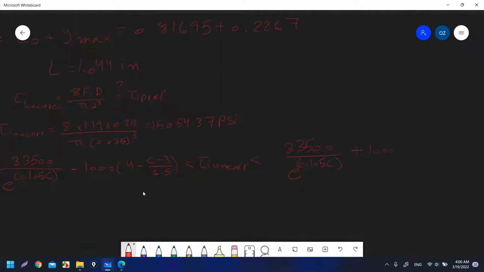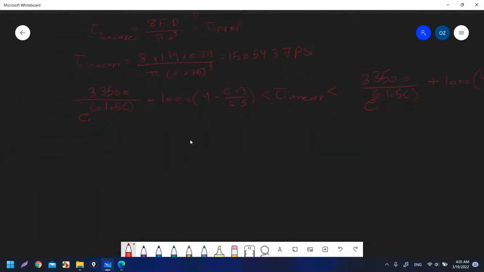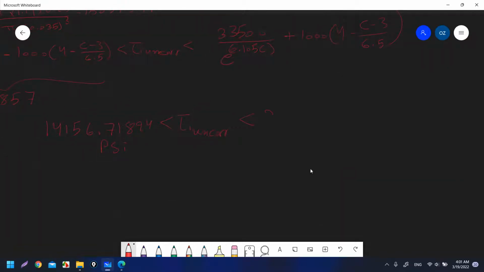Plus 1000, 4 minus c minus 3 over 6.5. Okay, so if you calculated this one and you substitute c is equal to 6.0857, you will get that this value is equal to 14156.71894 pound per square inch, and the one with the plus is equal to 21207.27 pound per square inch.